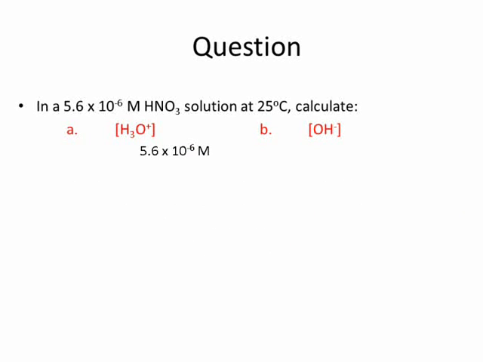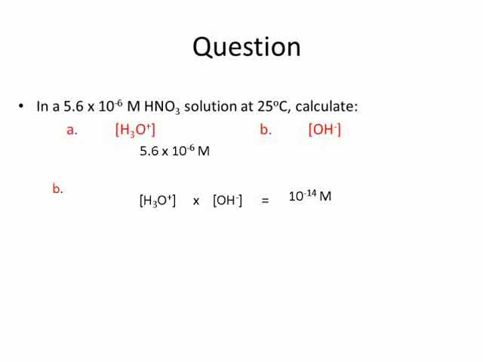Let's have a look at another example. In this case, we've got nitric acid, which is a strong monoprotic acid. So the concentration of H3O plus in that solution is going to be 5.6 by 10 to the minus 6 molar. We can use our ionic product to tell us that H3O plus times OH minus is equal to 10 to the minus 14.